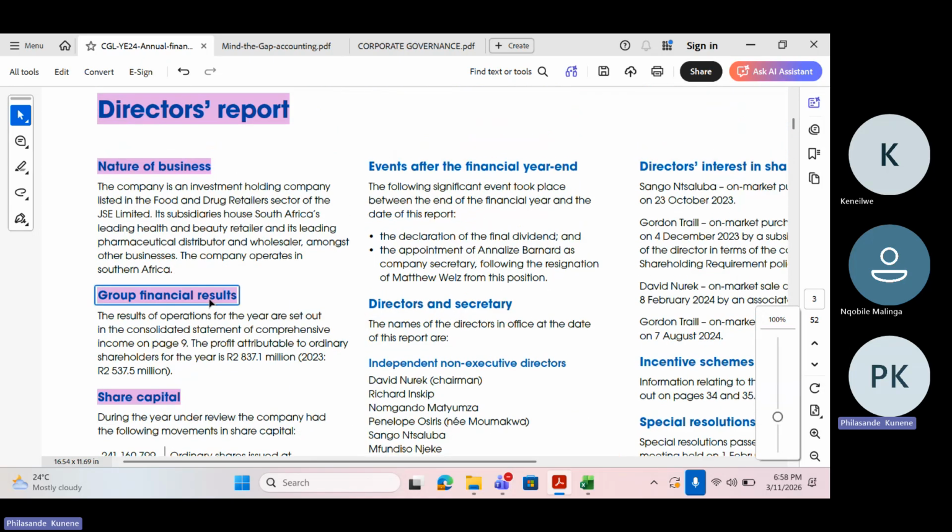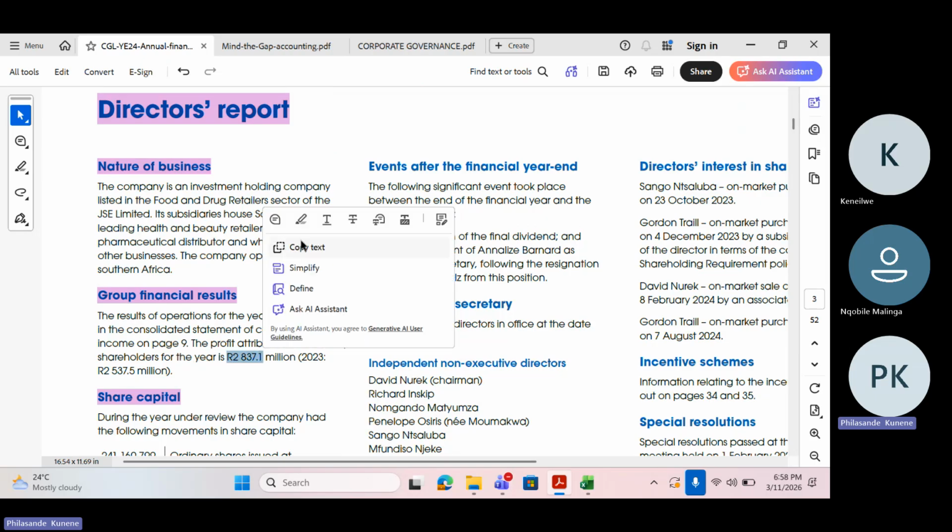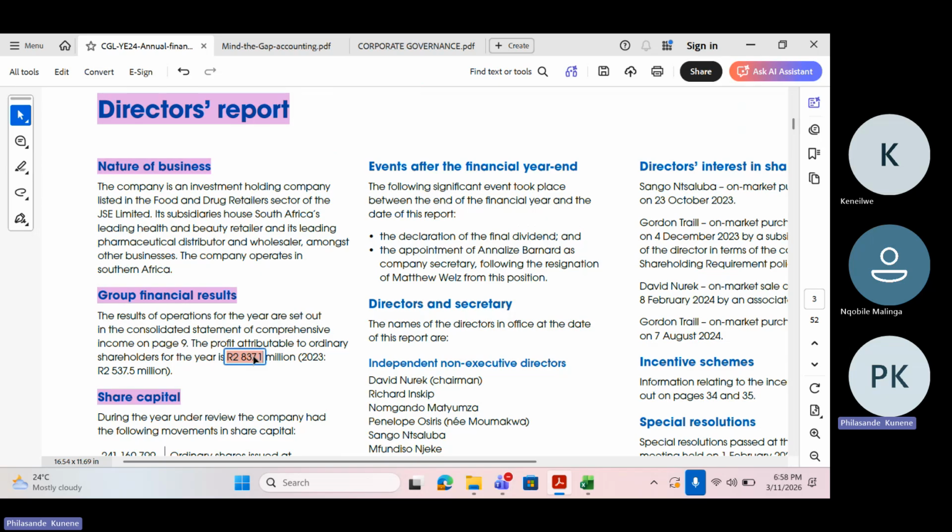You see, group financial results. Look: the results of operations for the year are set out in the consolidated statement of comprehensive income on page 9. The profit attributable to ordinary shareholders for the year is 2,837.1 million.